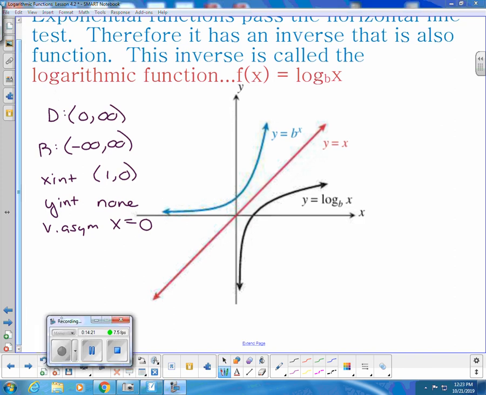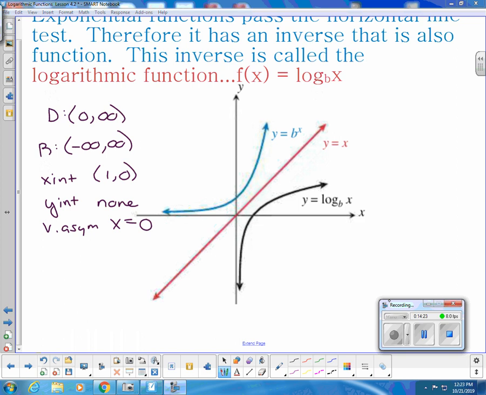End behavior. Limit as x goes to infinity. What's the height of the graph? As x gets bigger and bigger and bigger, what's the height approaching on the right side here? Infinity. It's very slow. Log functions rise very slowly, but it's still going to get to infinity eventually.